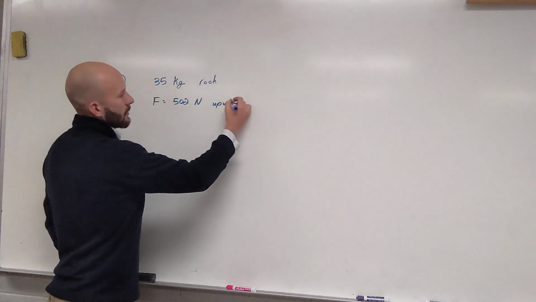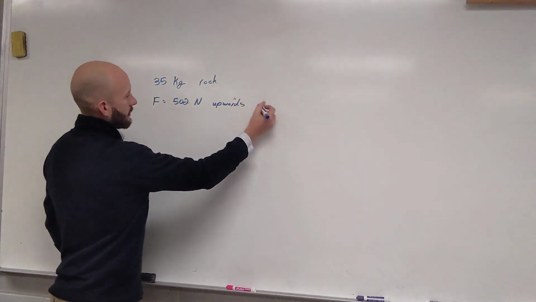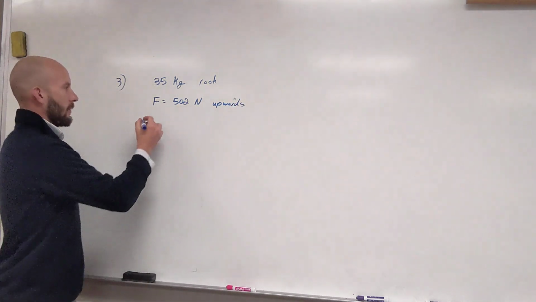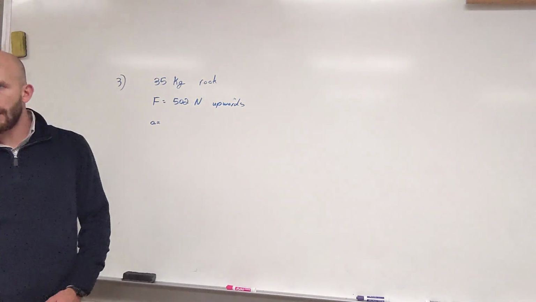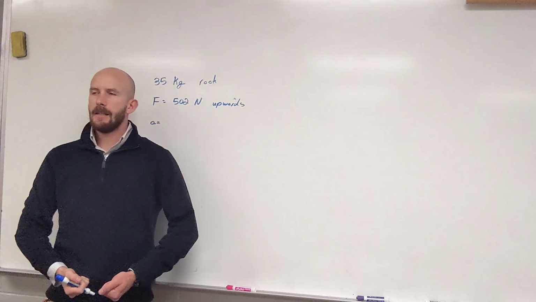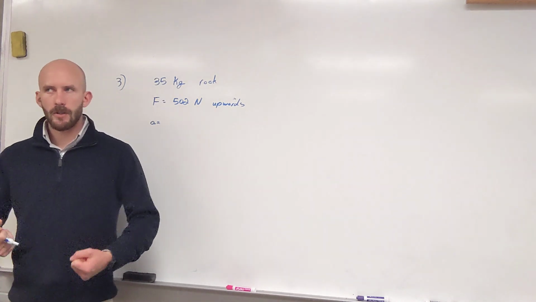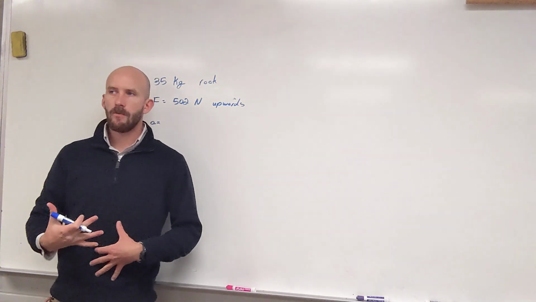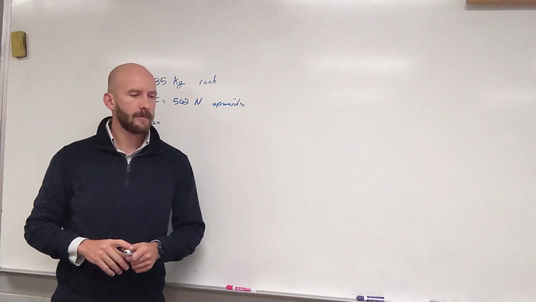It's 502 newtons upwards. And we want to find what is its acceleration. Because if we cause that net force while lifting it, it's going to accelerate, not move at a constant velocity, if those conditions remained constant.